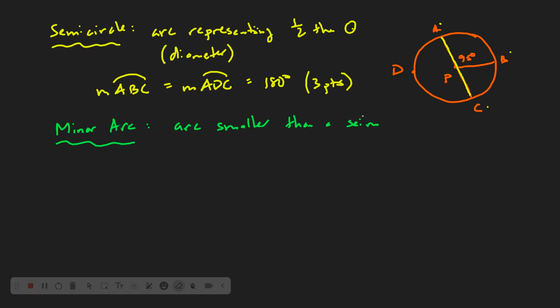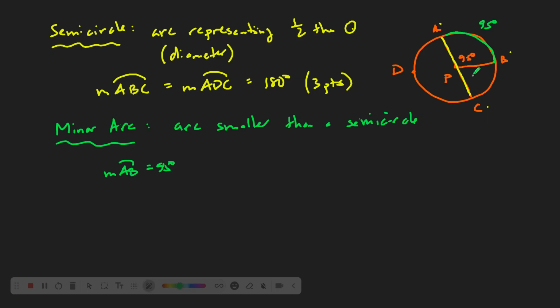In this picture, I know that AB is a minor arc because its central angle is 95, so arc AB also measures 95. So I know that the measure of arc AB is equal to 95 degrees, and it's a minor arc.